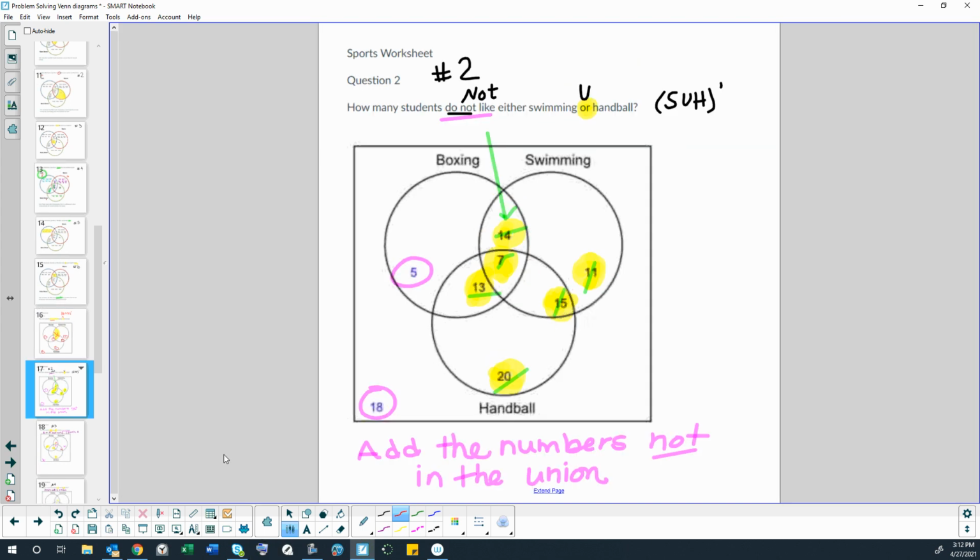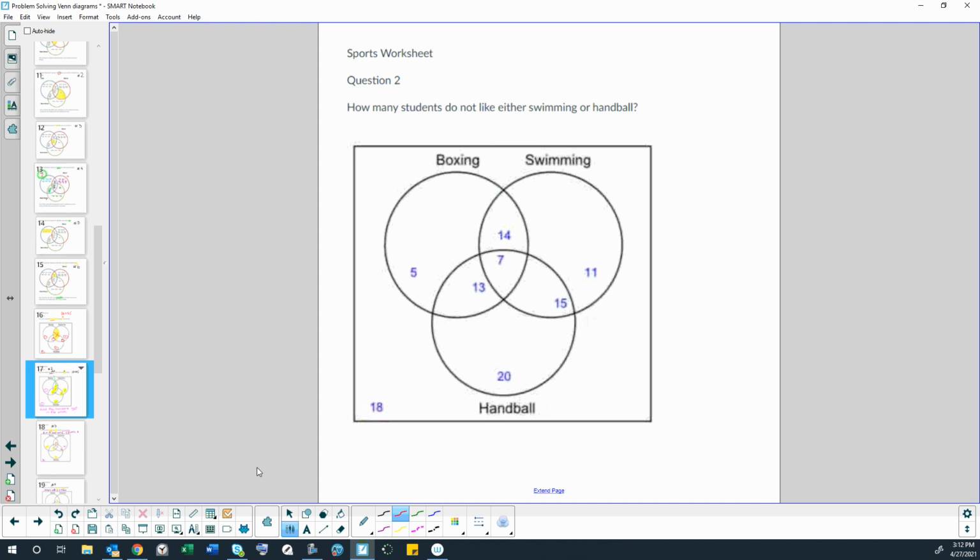Okay, next, similar question. How many students do not like either swimming or handball? So "or" is union. So we're talking swimming union handball. So swimming union handball would be all of these and all of these.